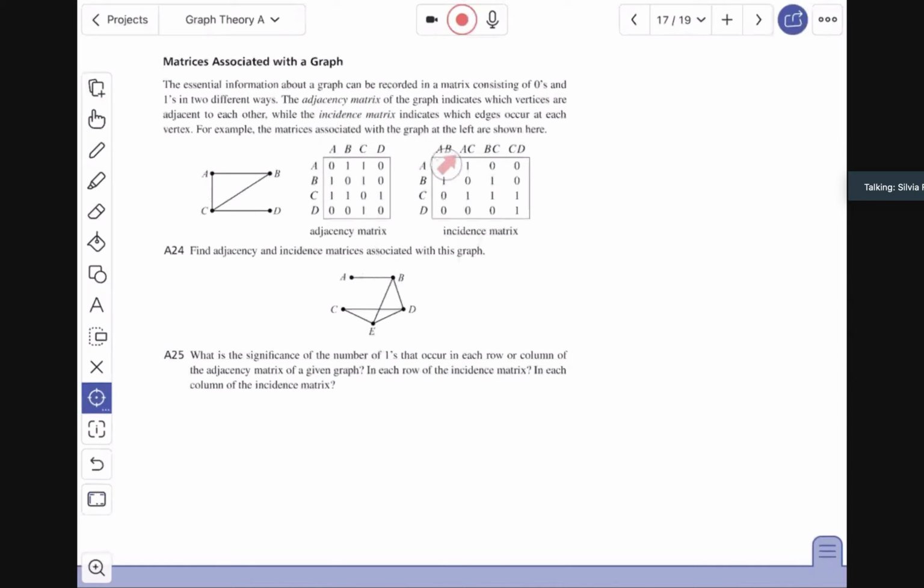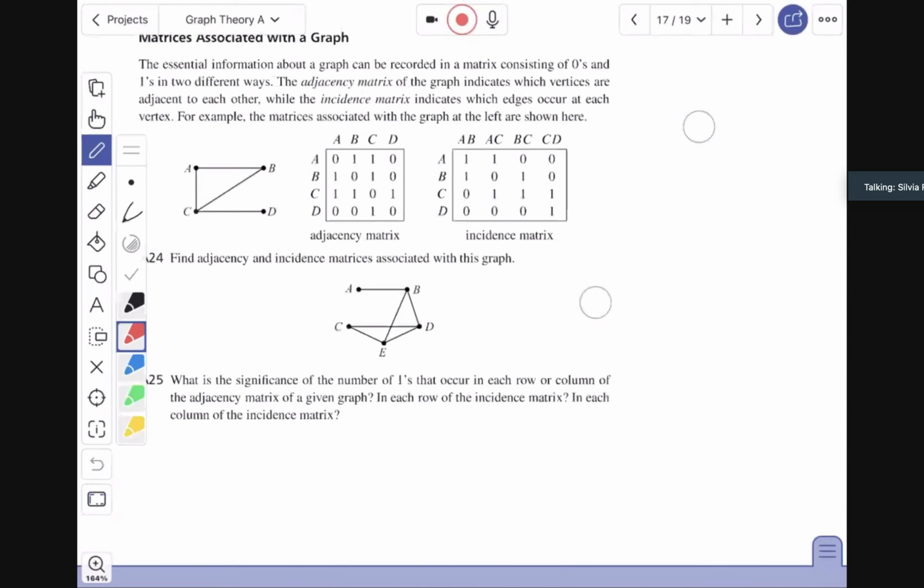The incidence matrix, to me, is not as helpful. I know a lot more applications of the adjacency matrix, but it's a way of organizing. For example, for computer algorithms, it's a good way to organize your graph. So this is essentially saying, these are my vertices, these are my edges. This is just a representation of that. So in terms of computer algorithms, this is one way to represent your graph that might be helpful.